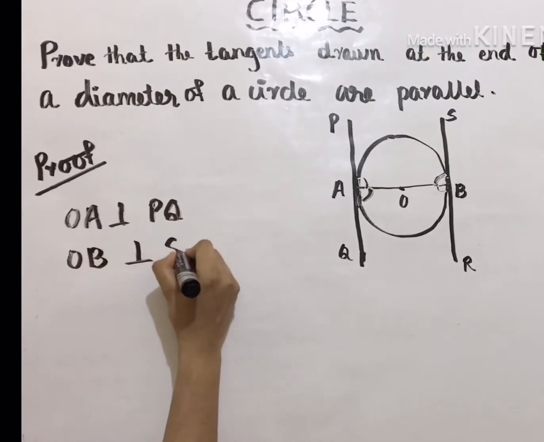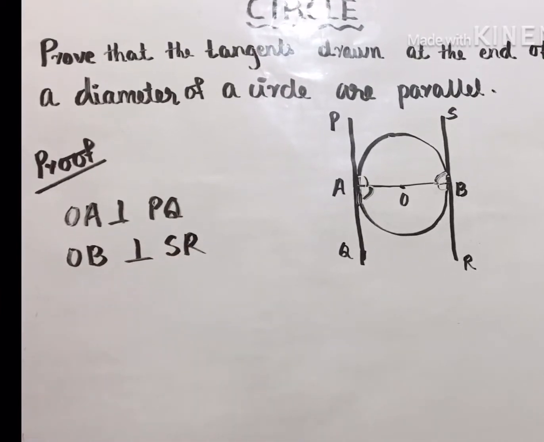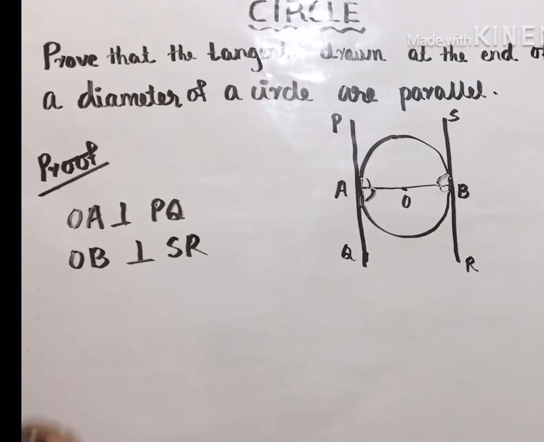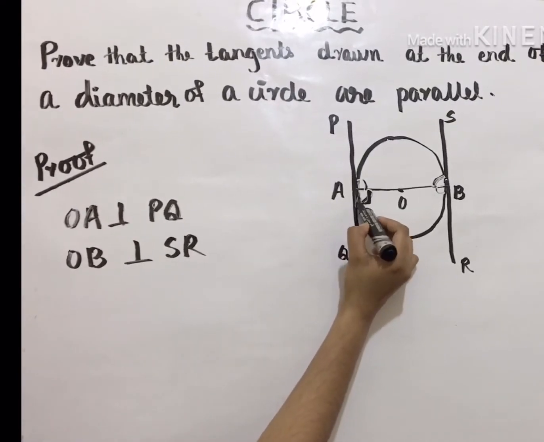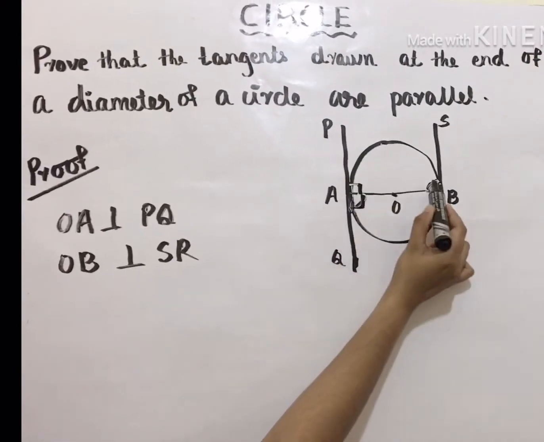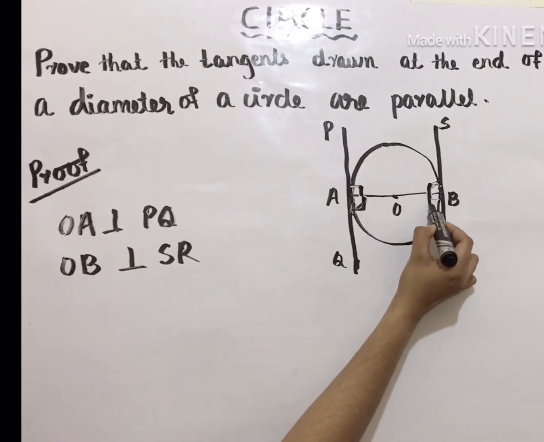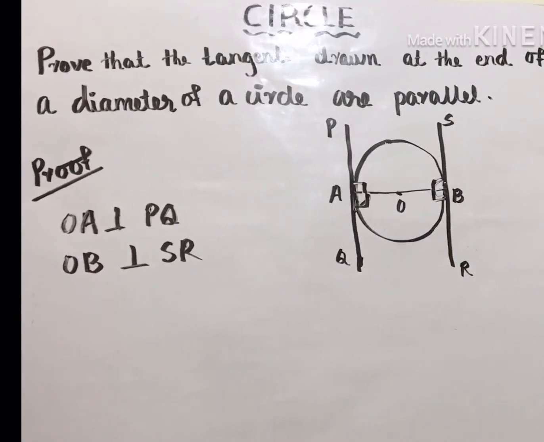is perpendicular to SR. So we can write that this angle and this angle, similarly this angle and this angle, are 90 degrees.